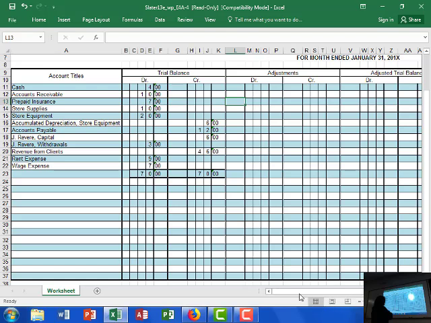So, did we do anything with cash? No. So then that balance comes over. And remember, it comes over on the correct side, either debit or credit. So our cash account comes over to the debit side of the adjusted trial balance. Then accounts receivable. Did we do anything with that? No. So we bring that over.